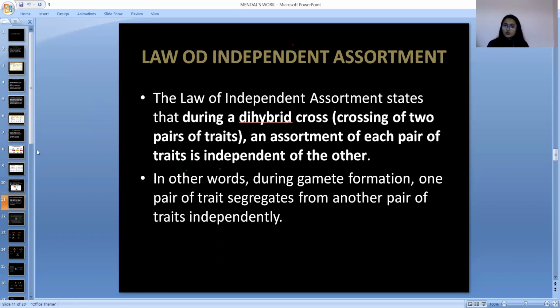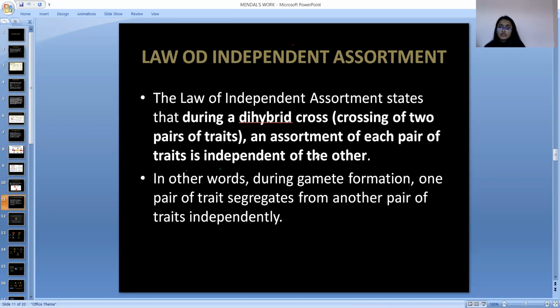I have already told you, independent assortment means that each gene is independent of the others. ऐसा नहीं है अगर वो साथ present है तो वो दूसरे पे depend रहती है. Let's talk about how it works. The law of independent assortment states that during a dihybrid cross of two pairs of traits, the assortment of each pair of traits is independent of each other.